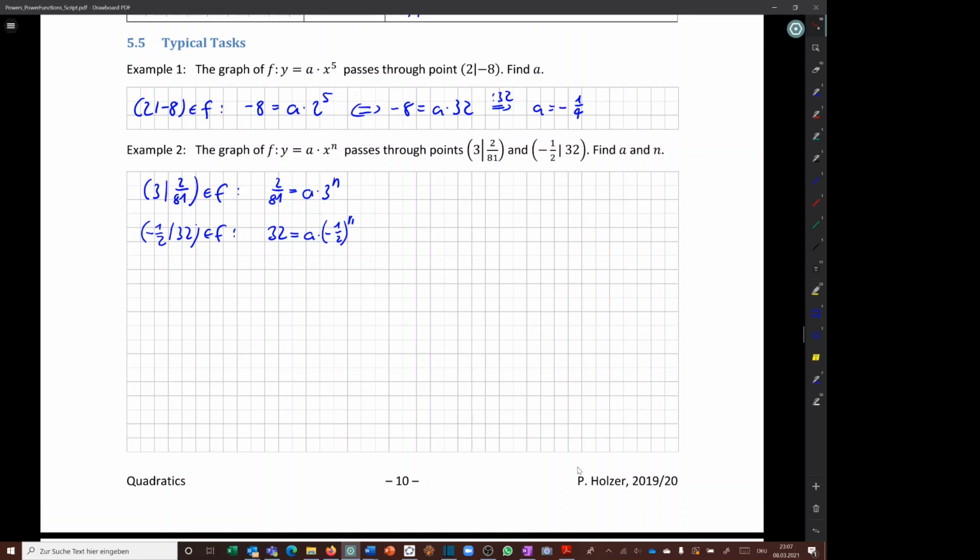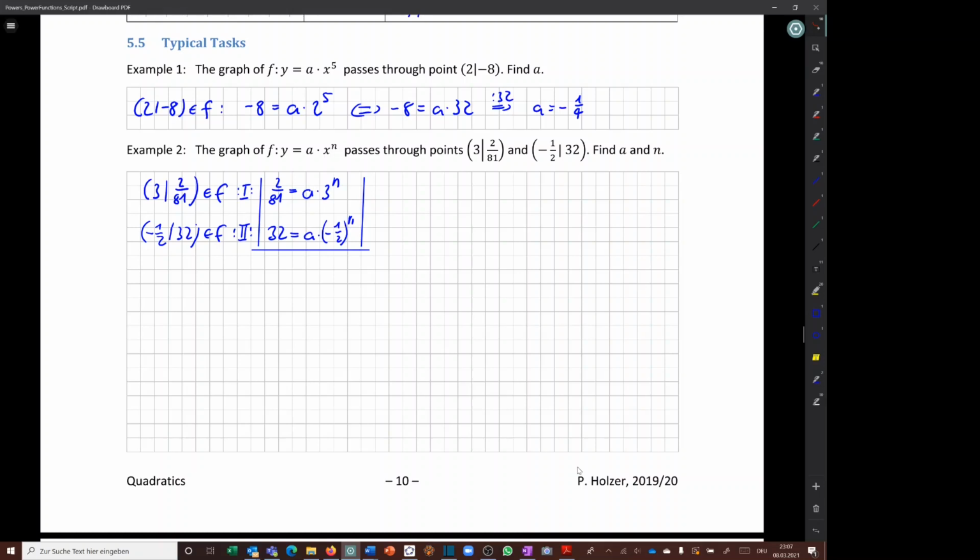Well, this is a system of equations. The a and the n have to fulfill both of the equations, so we get here an equation system, the first one is equation 1, the second one equation 2. Now, how can we solve that?